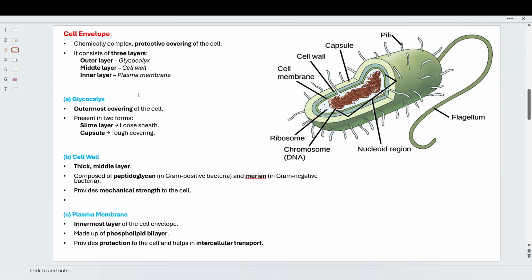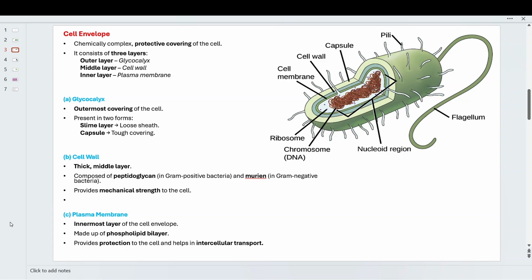First is the glycocalyx. Glycocalyx is the outermost covering. It can appear in two different forms. One is a slime layer, which is a thin and loose sheath type, and the other is a capsule, which is a thick and tough covering of the prokaryotic cell.